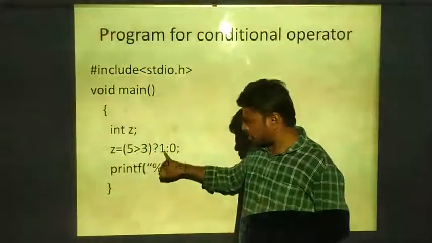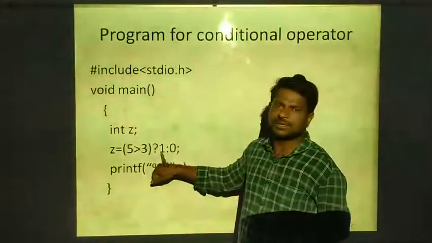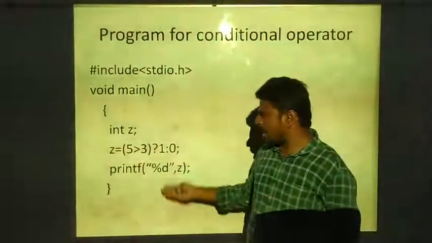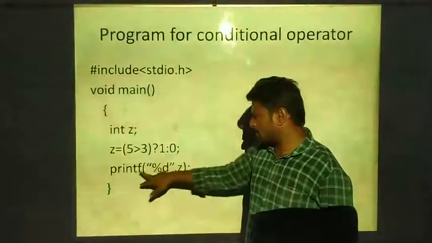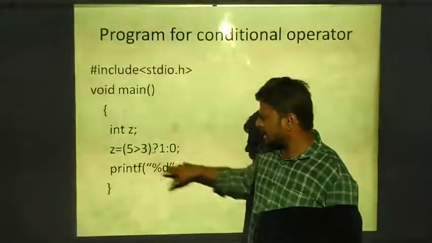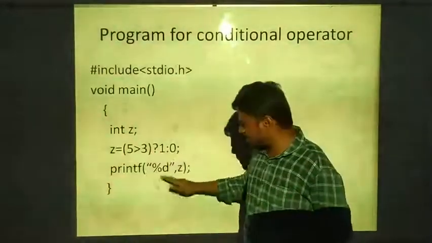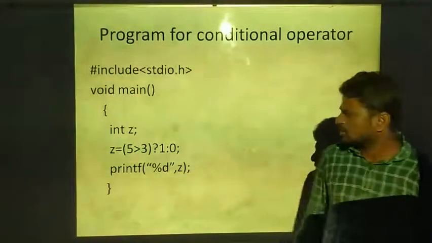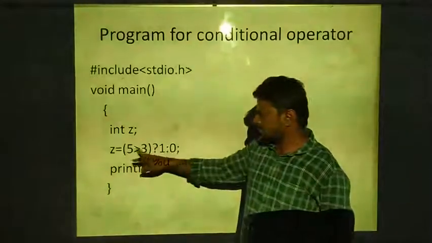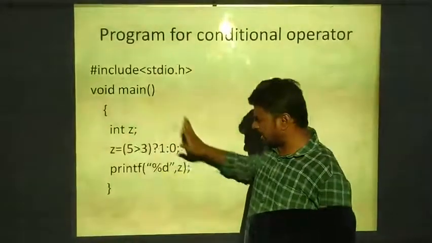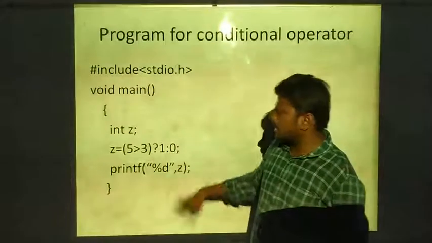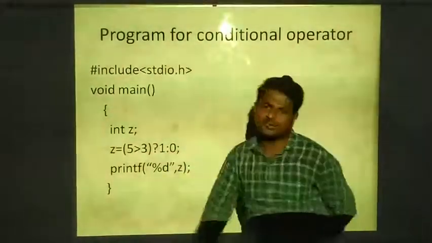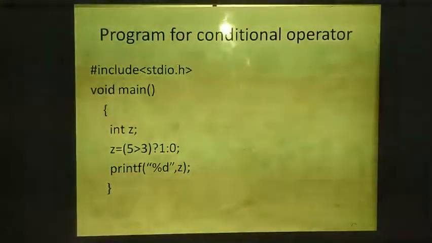Otherwise my output will be 0, that is the third expression. So I am printing the value with printf percentage d z. Depending on this expression, the z value will be obtained here, right? If this condition is false, it will take the third expression. If it is true, it takes expression 2. This is a sample program for the conditional operator.